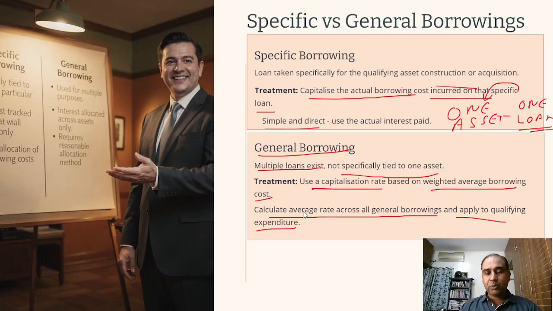On one side we have to identify the expenditure which will qualify for capitalization. On another side we have to take the weighted average cost of borrowings and apply that rate for capitalization. So this is in brief about general borrowing. Maybe you can look into some examples to understand more on general borrowings, guys.